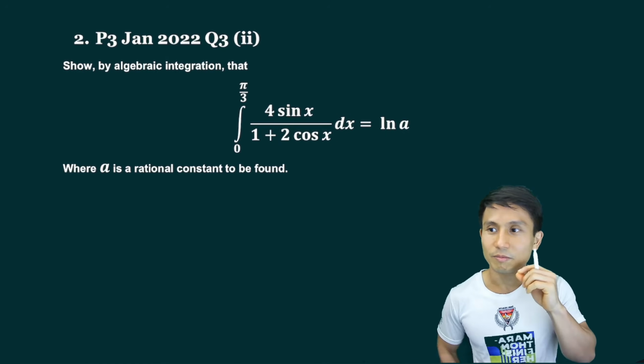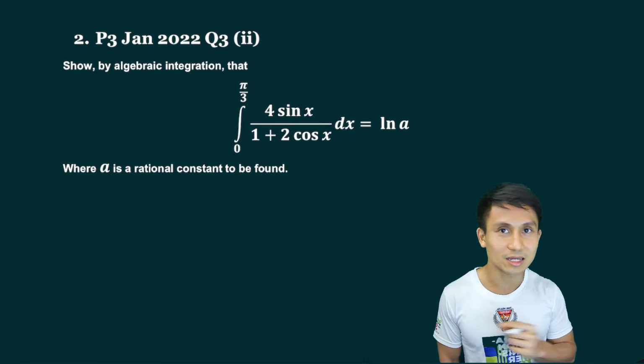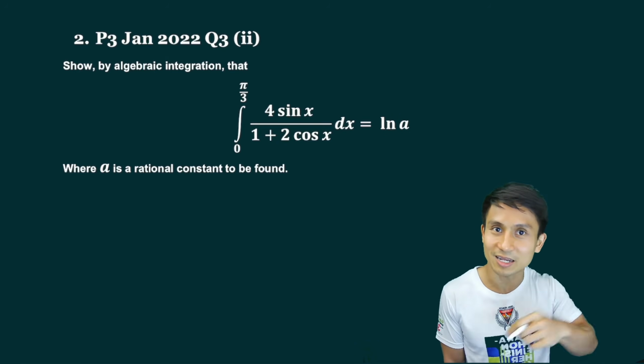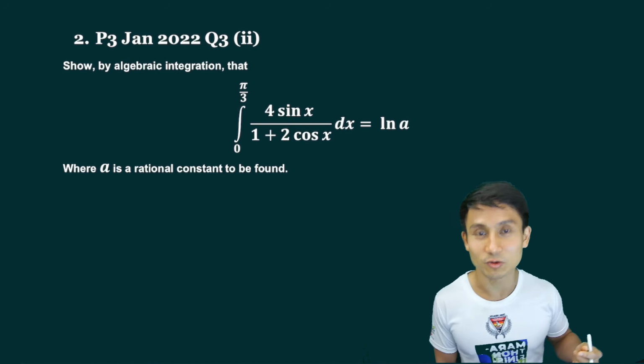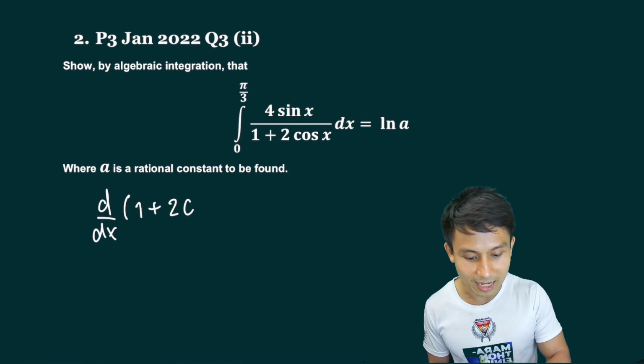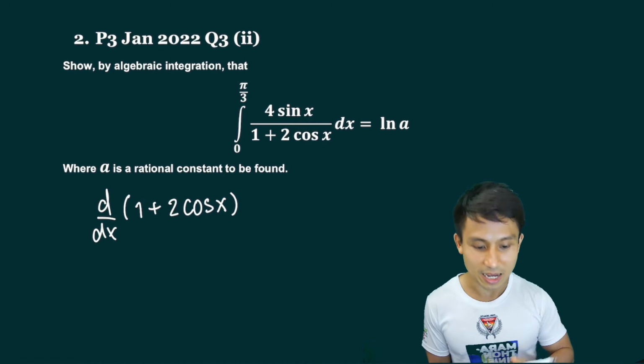But before you jump to any conclusion, you should try differentiating. So do you think it's differentiating the denominator and getting the numerator, or differentiating the other one? Well, it's the first one, right? So differentiating, you try it like that. 1 plus, so it has to be the whole denominator. Differentiate it.